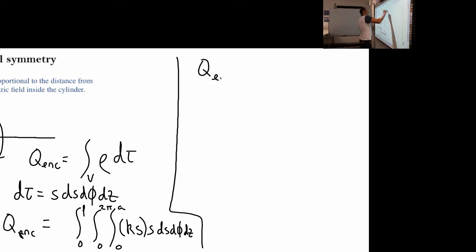When we work out the integral, for phi and z it gives 2 pi L times K. We have s squared, so we get s cubed over 3, giving A cubed over 3.